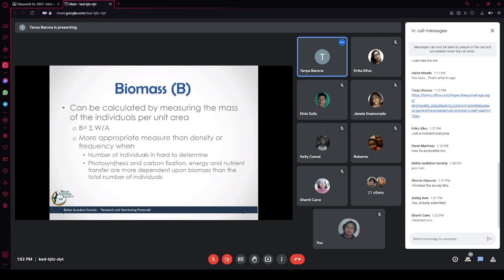So based on studies that have been done in the past, you can safely say that a fish of, for example, 10 centimeters has a weight of X. This is known, this is standard, so you can then calculate your biomass of a specific fish species on your reef. For example, commercial species like the snappers and the groupers.